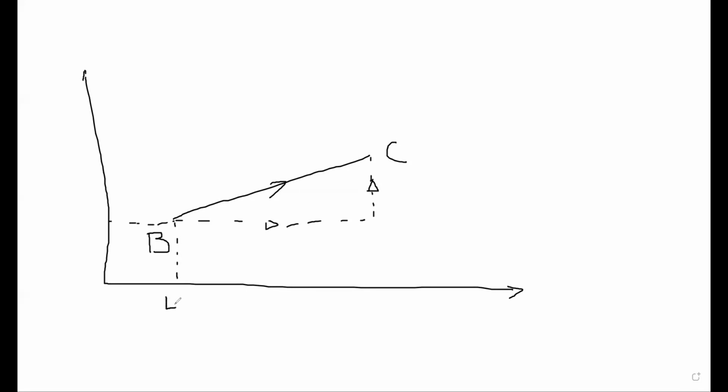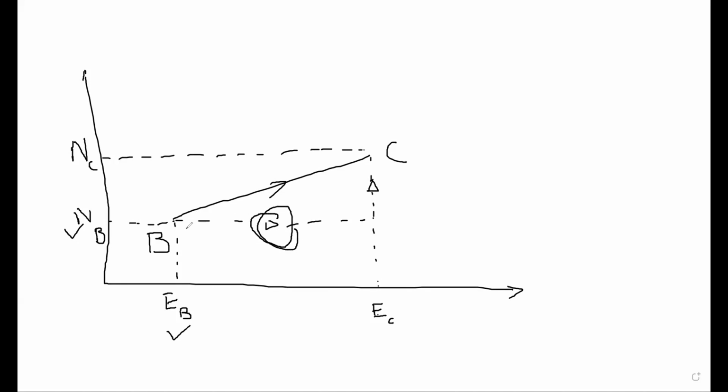So this is E coordinate of B. This is E coordinate of C. This is N coordinate of B, N coordinate of C. Then, so this value is known, this value is known. Let's say 500, 500, and the corrected delta E is known. So this amount is known with a sign.